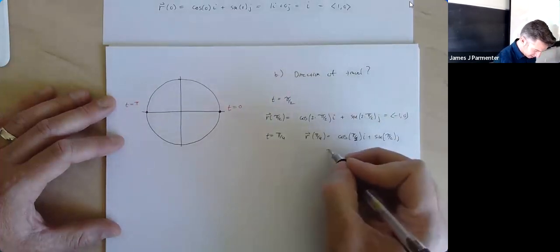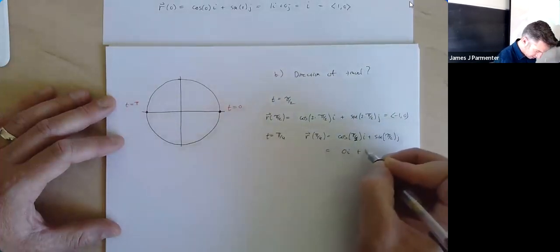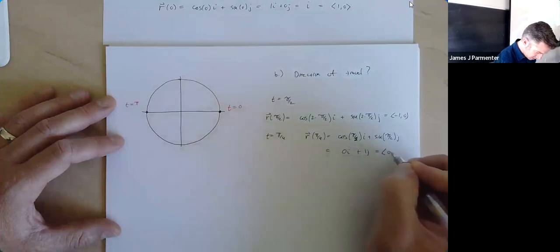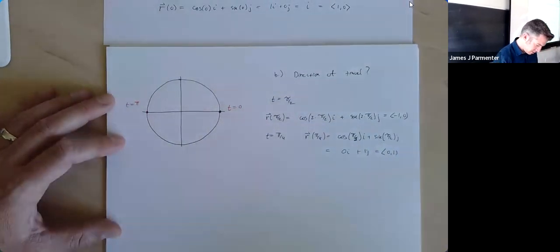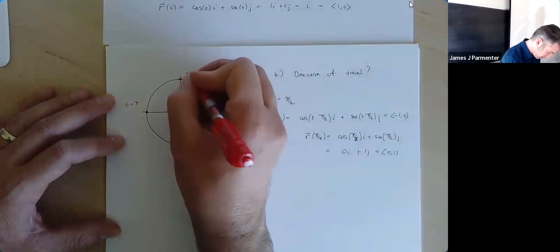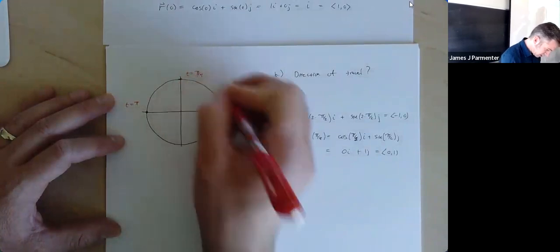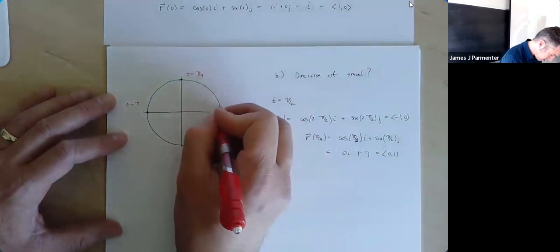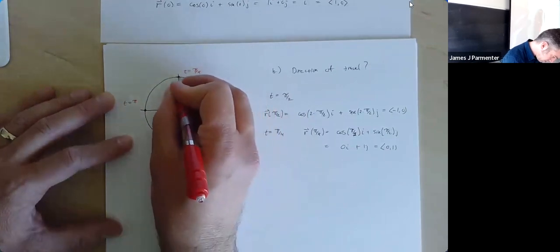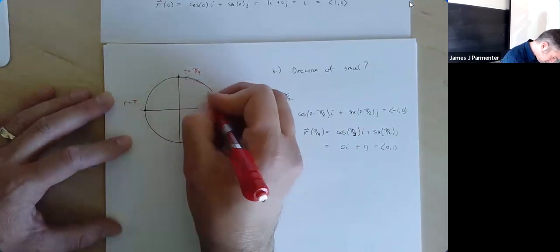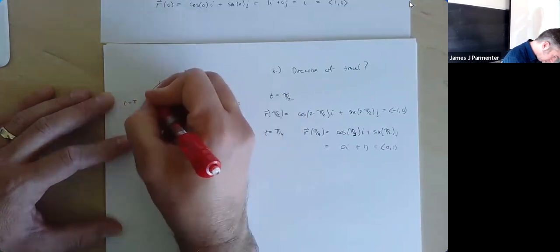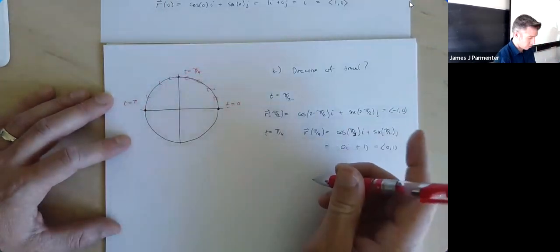Cosine of pi over 2 is 0, and sine of pi over 2 is 1. So at time equal to pi over 4, we end up at the top of the circle. So we definitely are going this way, or in other words, we are going counterclockwise.